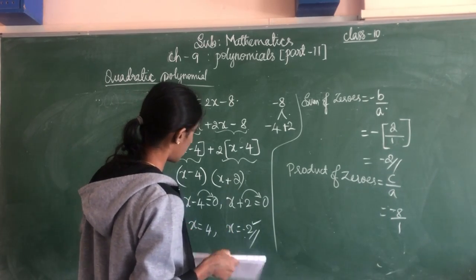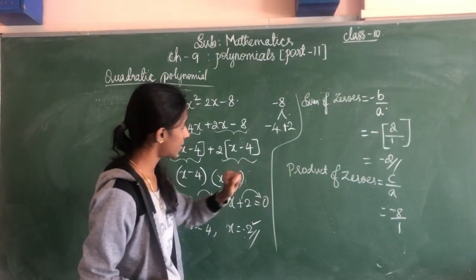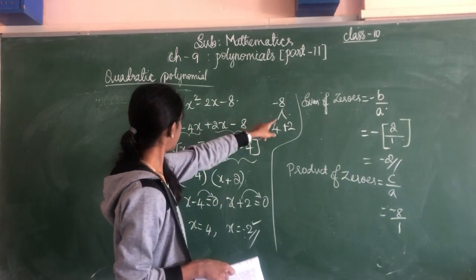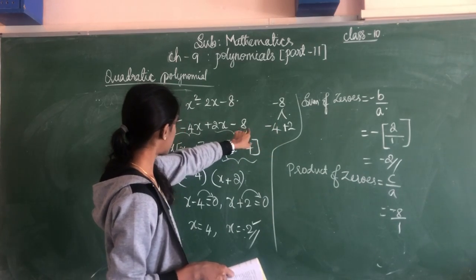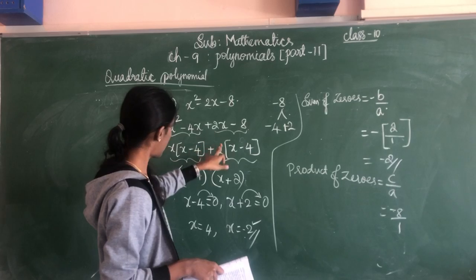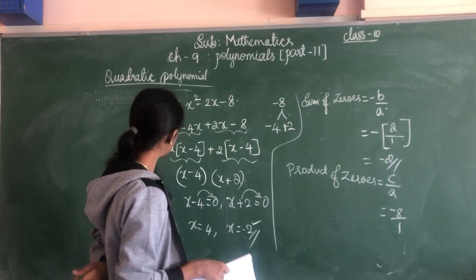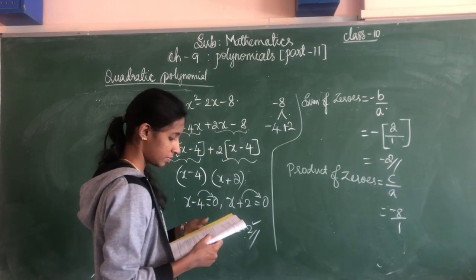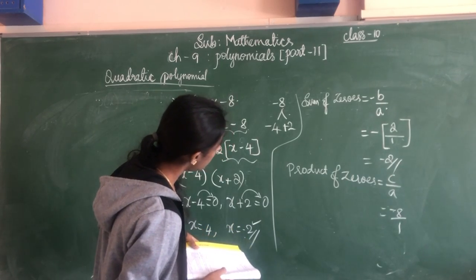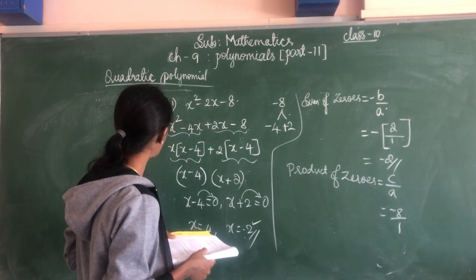Yeah, it is correct. Only one is correct. The other one we should get -8, but I am getting 4. Where did I miss? 8 can be replaced as 4 plus 8. Minus 4 plus 2 plus 2 into it's minus 4. So it is minus b by a, this is 2 by a.